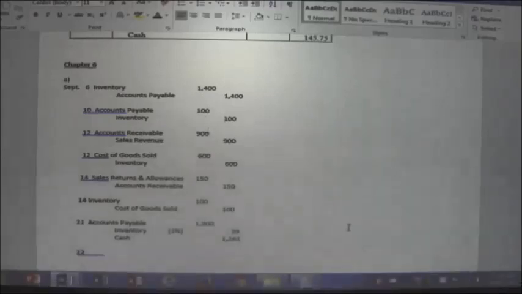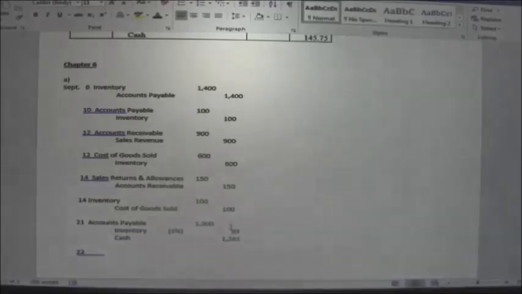But because you took advantage of that discount, you can now tell yourself, well, that inventory didn't cost me as much. So the way it works is you paid off $1,300. That goes away. You're paying off the account. Okay? You're going to take advantage of the discount. That discount reduces the cost of your inventory. So your inventory takes that amount. And the amount of cash you pay is the difference.